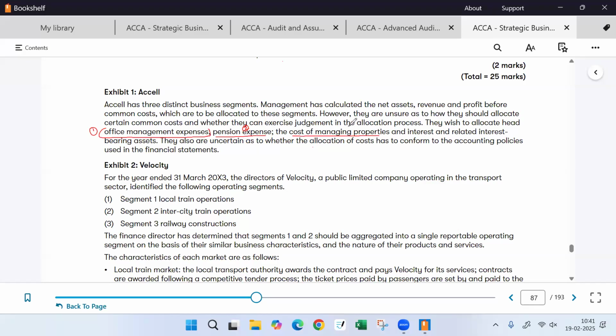Third, cost of managing properties. Fourth, interest and related interest-bearing assets. So the requirement here is that you need to suggest a method of allocating these expenses to the operating segments, an easier way to report or allocate these costs to these operating segments.